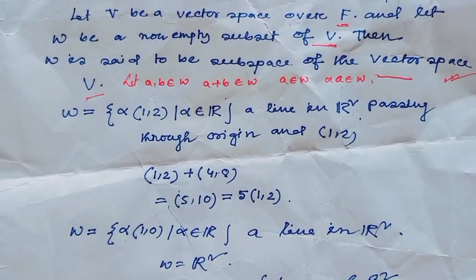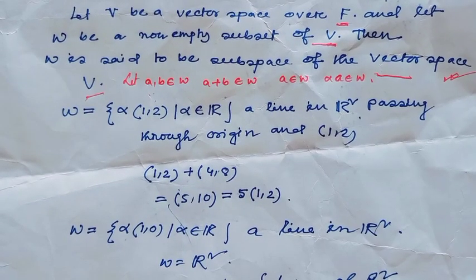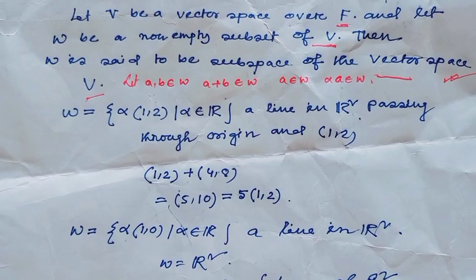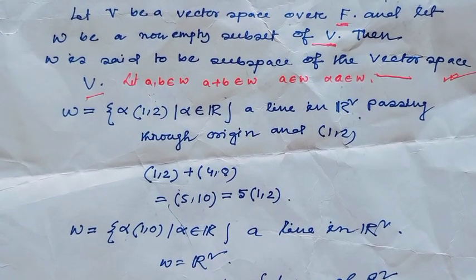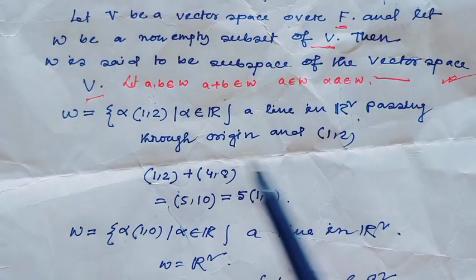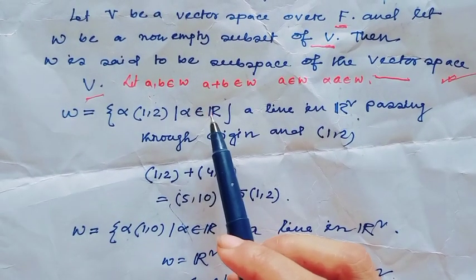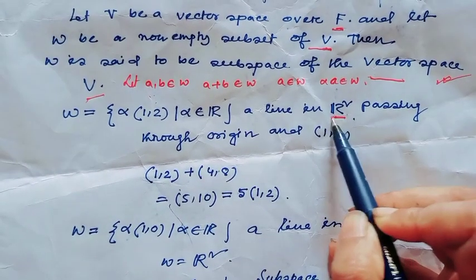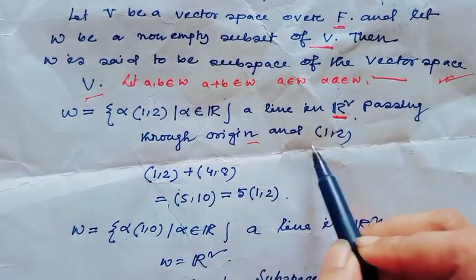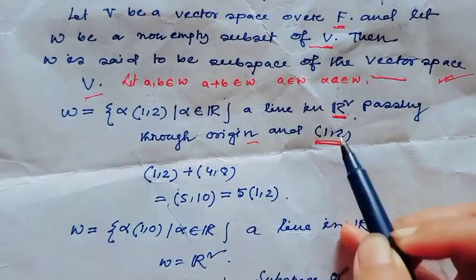There are some examples. We all know that in R2 the subspaces look like W equal to alpha times (1, 2), where alpha belongs to R. This is actually the line in R2 passing through the origin and the vector (1, 2).